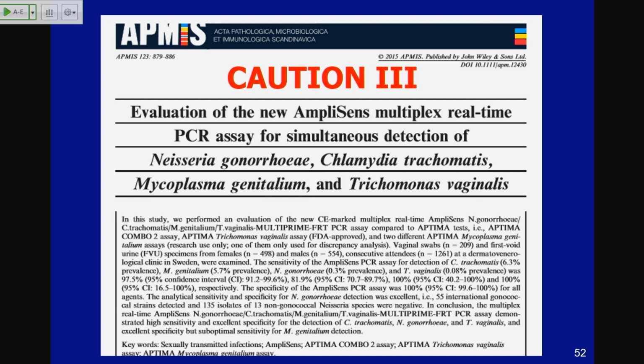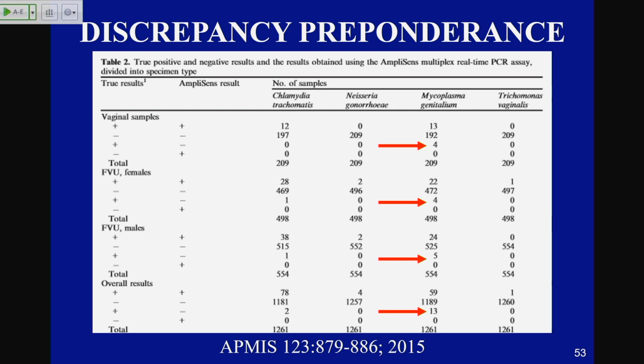Okay, here's another paper published in a Scandinavian journal that looks at a Neisseria panel, chlamydia, Mycoplasma genitalium, and Trichomonas vaginalis. Now here are the 2x2 tables, so let's focus on this area right here. This is a positive reference result with the manufacturer's negative result. Here is the reference result of negative with the manufacturer's result of positive.